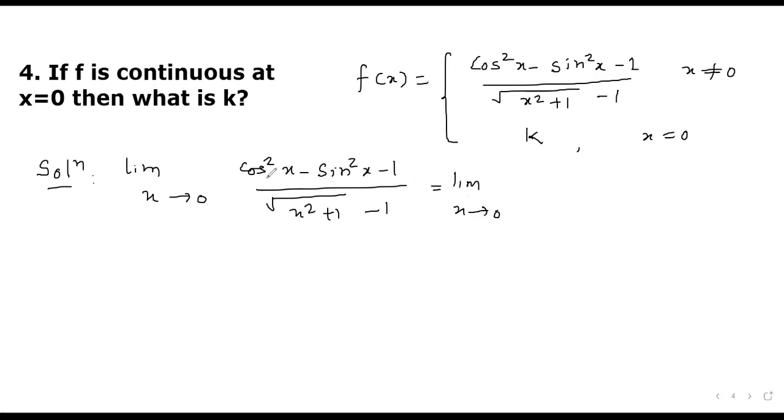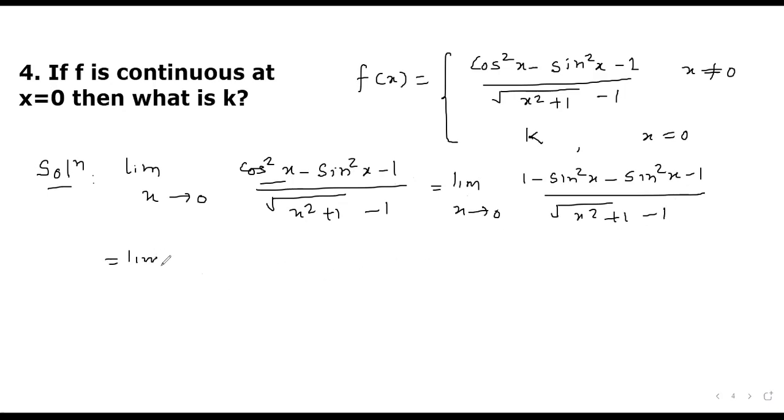This can be converted into sine, so it will be 1 minus sine square x minus sine square x minus 1 divided by root of x square plus 1 minus 1.